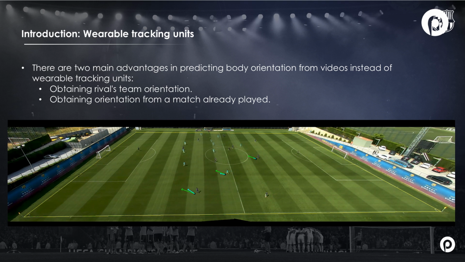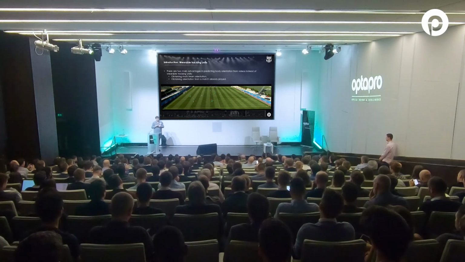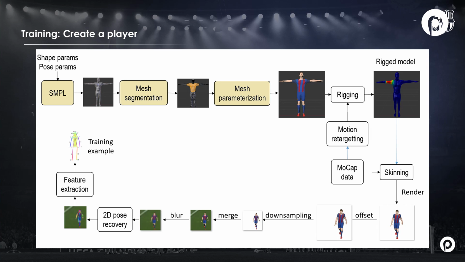For example, for the opponent's team, you don't have the orientation because they don't want to share it with you. And for an already played match, you don't have the orientation if the players didn't wear this unit. And professional teams don't like to wear these units. So we tried to build a non-invasive method to get the orientation.